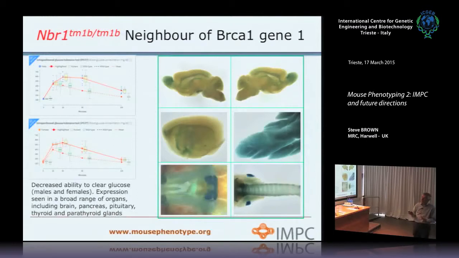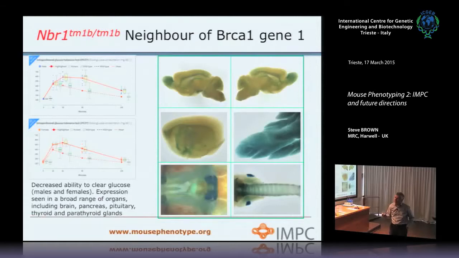I mean, here's a gene here, neighbor of BRCA1 gene 1. Well, it just happens to be close to the BRCA1 gene. Nobody knows what this gene does. It's never been looked at before. A mutant's never been made before. But you can see it's got some very clear phenotypes. Here it has some interesting expression patterns in the brain, in other organs, in the esophagus, and so on.